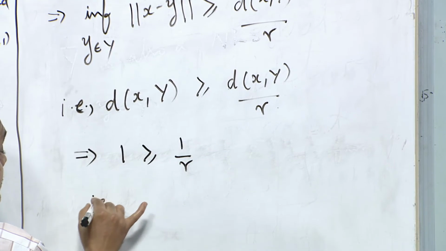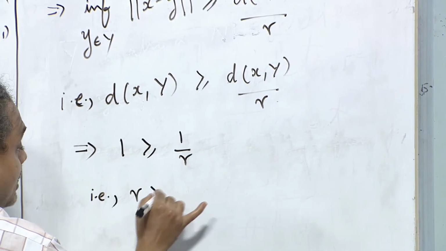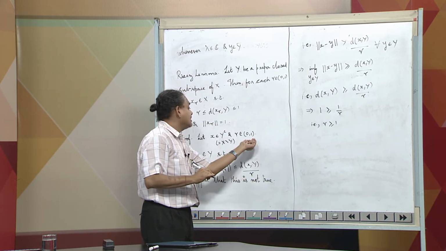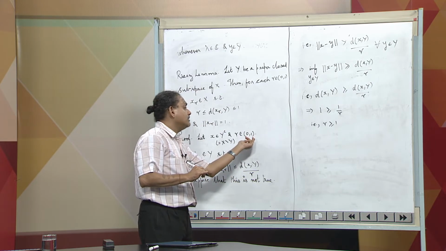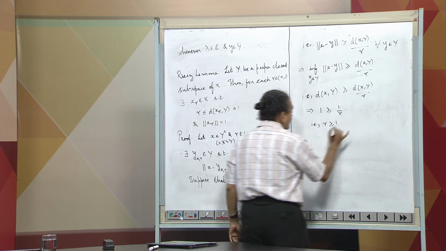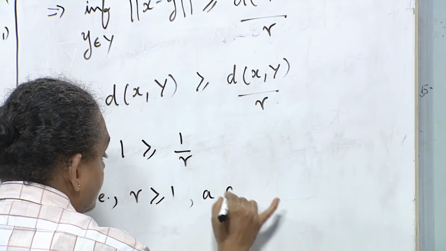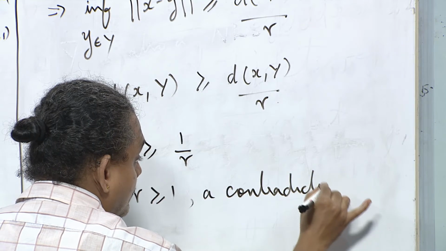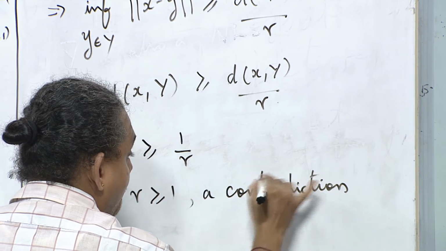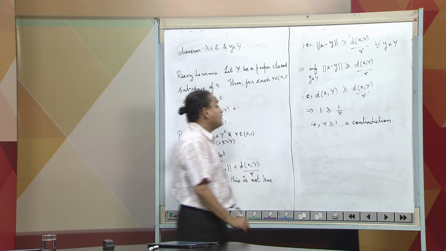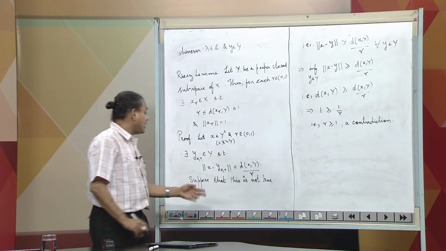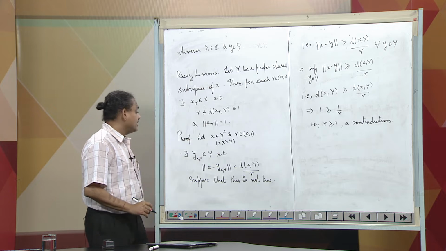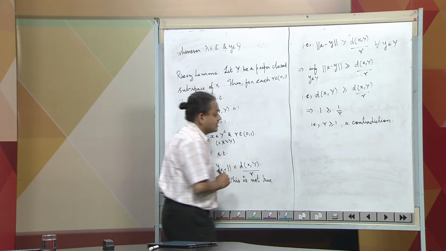That means r is bigger than or equal to 1, but our choice of r is in the open interval 0 to 1, therefore, a contradiction. So, once you have a contradiction, this statement is actually true.